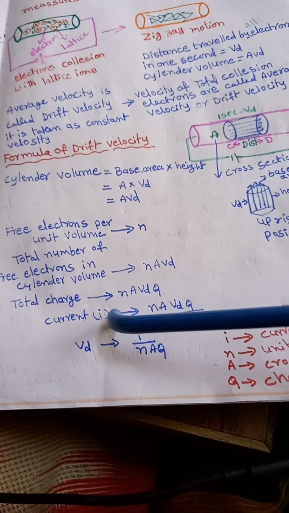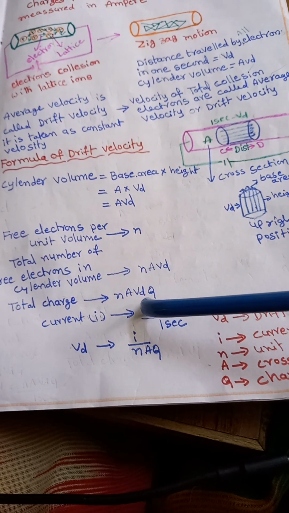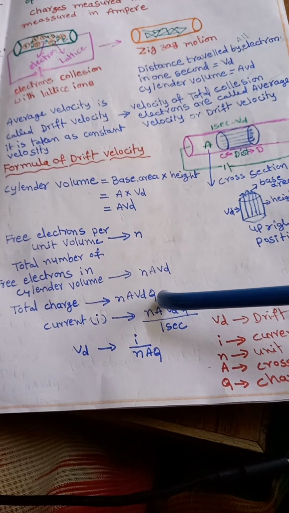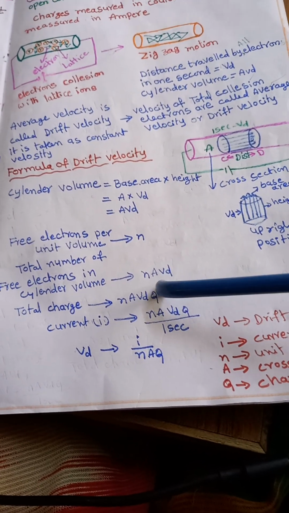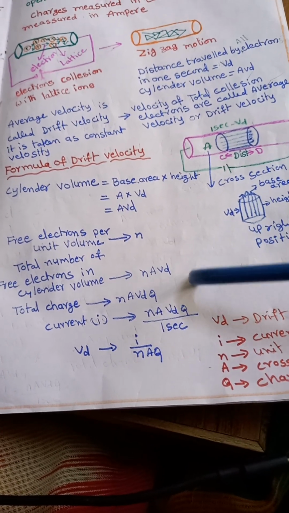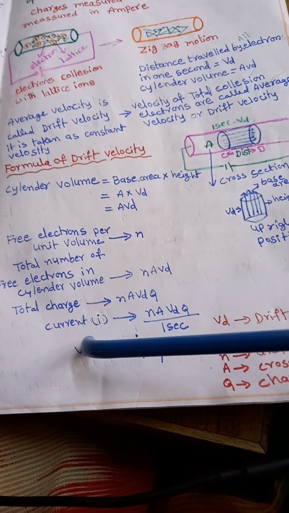Total charge means N A Vd Q, where Q means charge. So the cylinder volume has a charge of N A Vd Q.